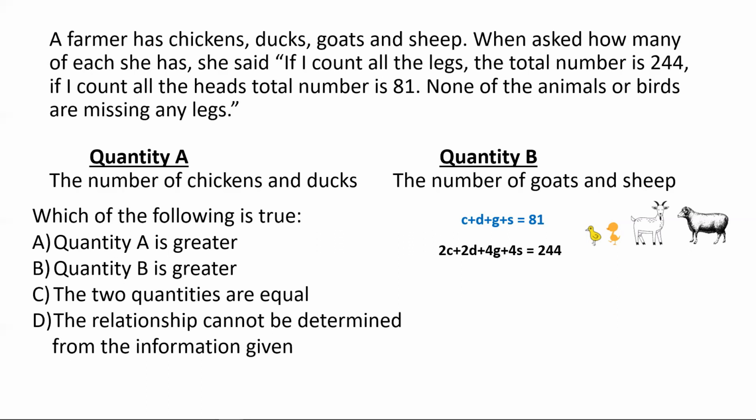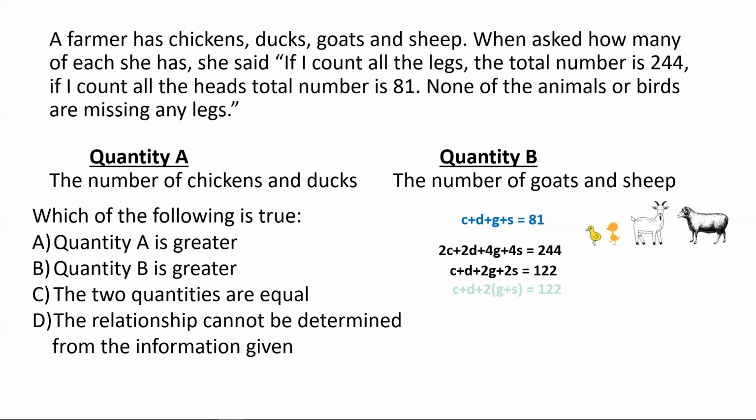And similarly 4G, each goat has 4 legs, and similarly we have 4S for the sheep. So we have 2C plus 2D plus 4G plus 4S as the total count of the number of legs, and that's given as 244. If we divide both sides of this equation by 2, we end up with C plus D plus 2G plus 2S is equal to 122.